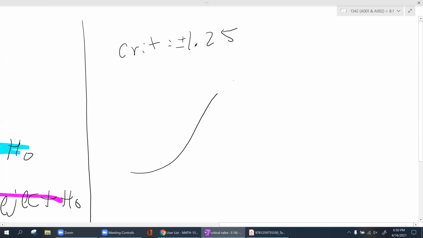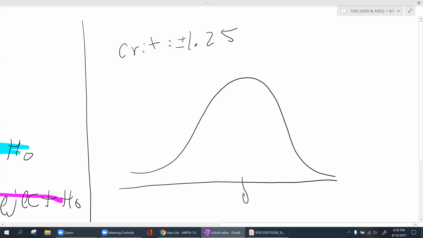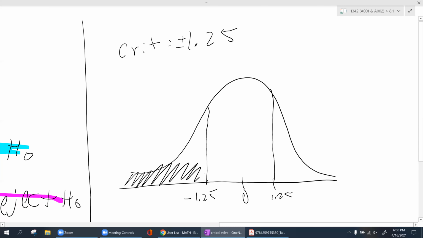So you're going to draw your symmetric bell curve, mark 1.25 here, and then mark negative 1.25 there. I'm going to shade everything to the left of negative 1.25, and shade everything to the right of 1.25. So these are your critical values.